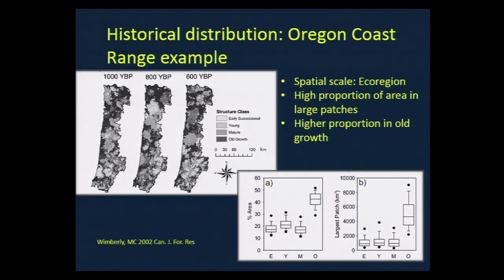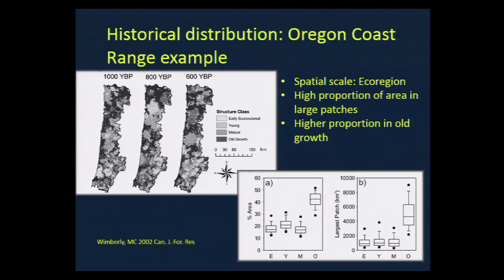So in order to get a real handle on what the variability in vegetation structure pattern was on the landscape, we really need to do some modeling. And Wimberly took a look at what the historical range of variability was among structure classes by modeling across the whole Oregon Coast Range ecoregion, which is really appropriate given the extent of the fire size in that fire regime.